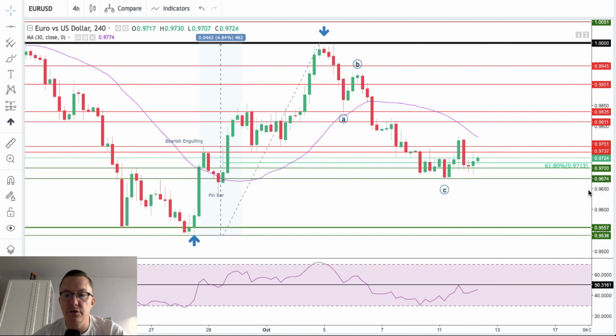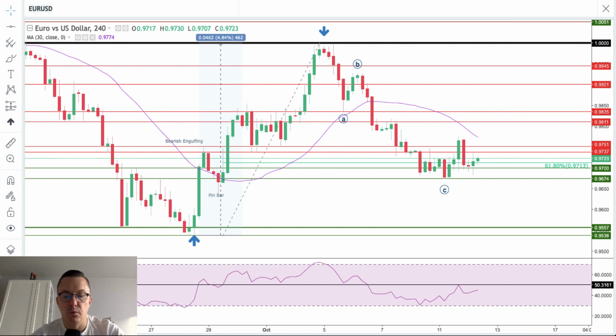So any new low made below 0.9673 means that the road towards the swing low located at 0.9538 is open. So the outlook for the euro remains bearish because there is no big, dynamic, aggressive increase from the line of last resort, which is the 61% Fibonacci retracement.